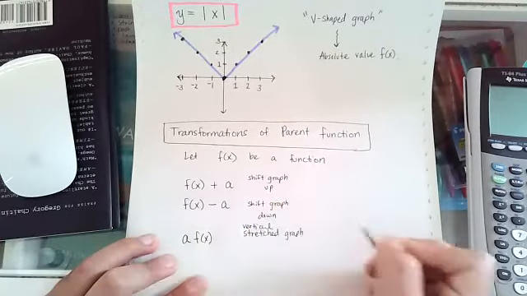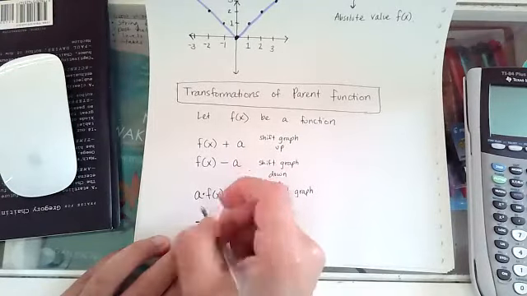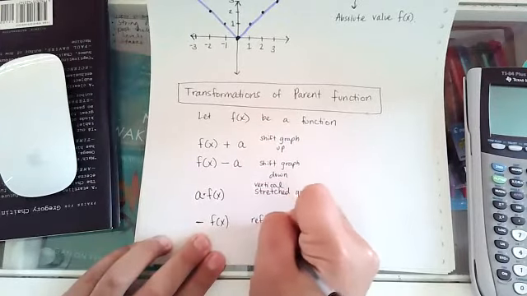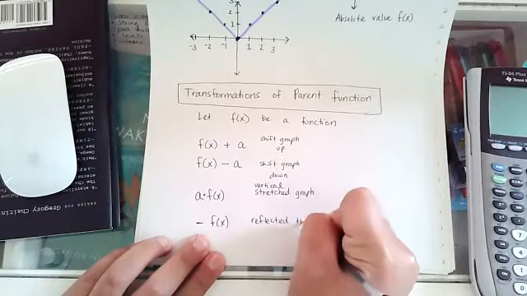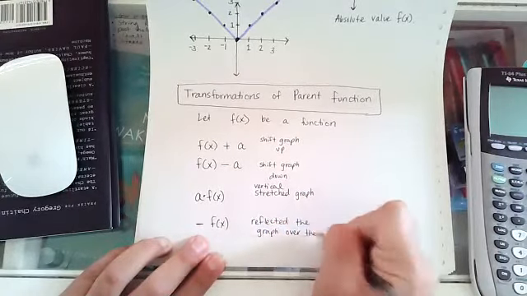And then one other type of transformation that we saw is that if we multiplied the function, the output, by a negative, then we reflected the graph over the x-axis. So we have four rules there. And that is basically we're manipulating the output, right? So remember that f of x here can be thought of as the output.